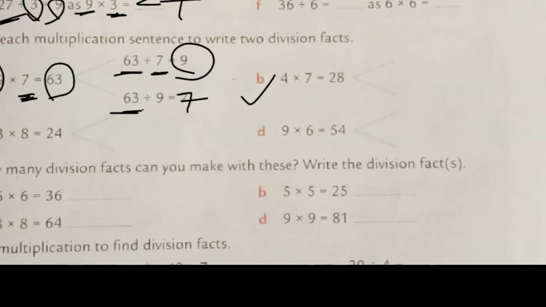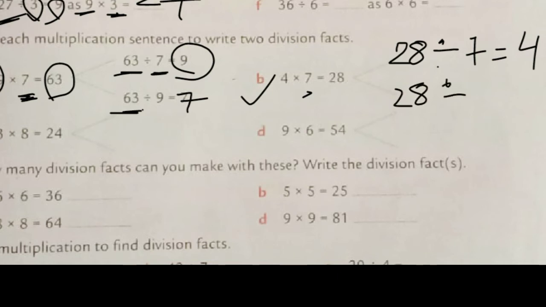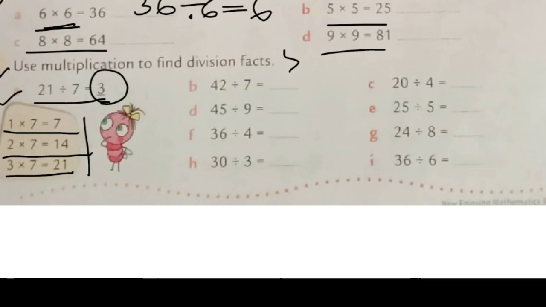So here our first division sentence will be 28 divided by 7 equals 4. Now the other one will be 28 divided by 4 equals 7. Clear? Okay. Now let's move to the next page.